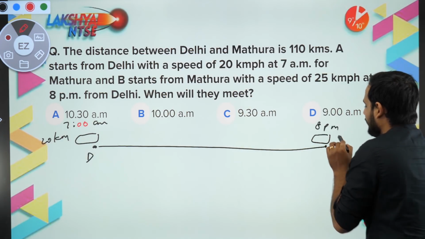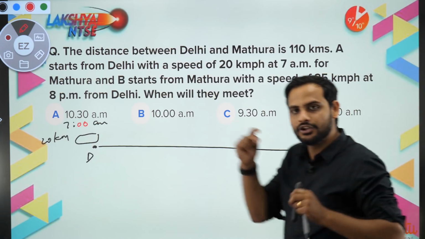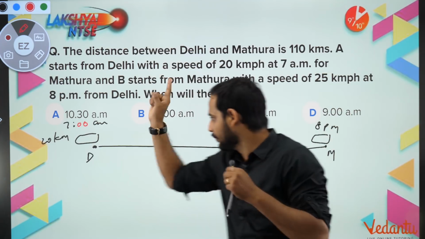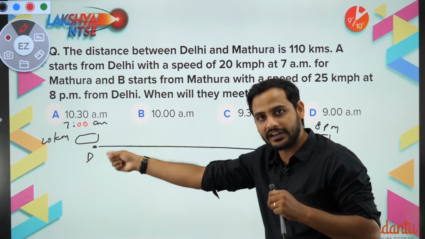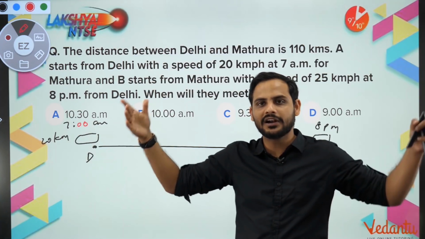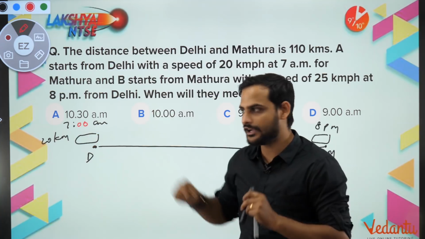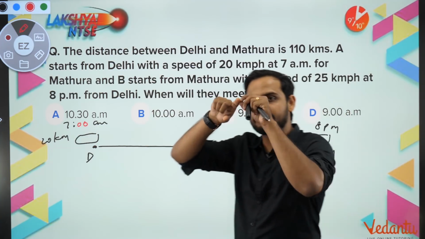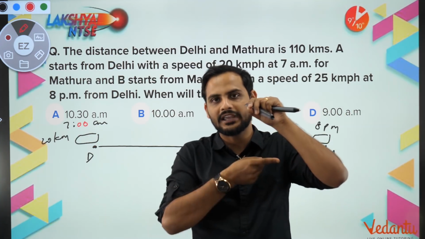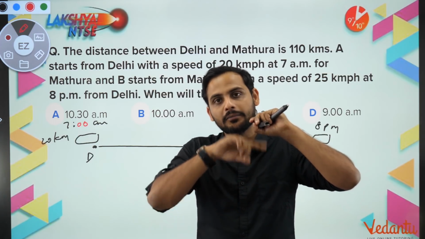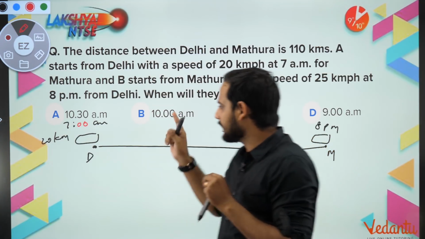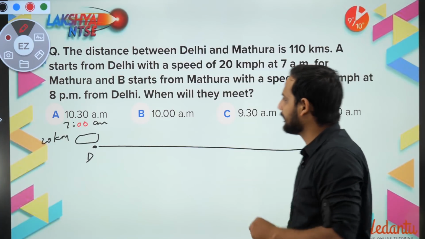If I knew where this train was at 8, I can directly apply that formula, distance upon relative speed. So let us find out where this train was at 8. 7 a.m. to 8 a.m. is total 1 hour, with the speed of 20 km per hour.